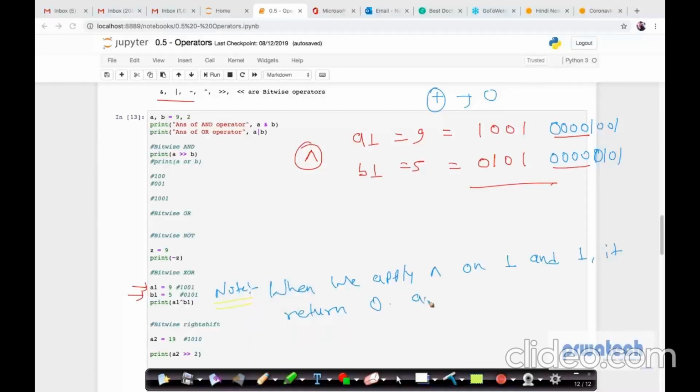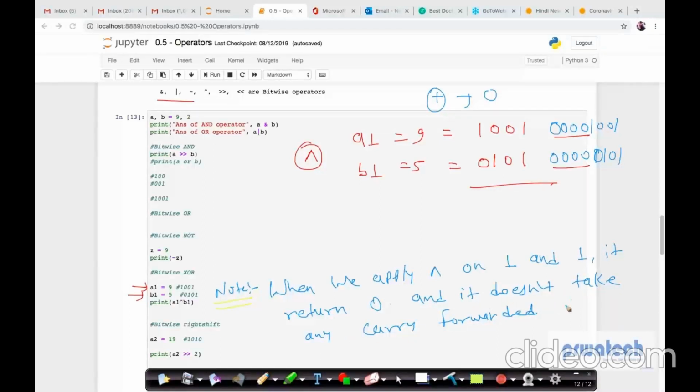and it does not take any carry forward value. So if we write these notes, our life becomes very easy.